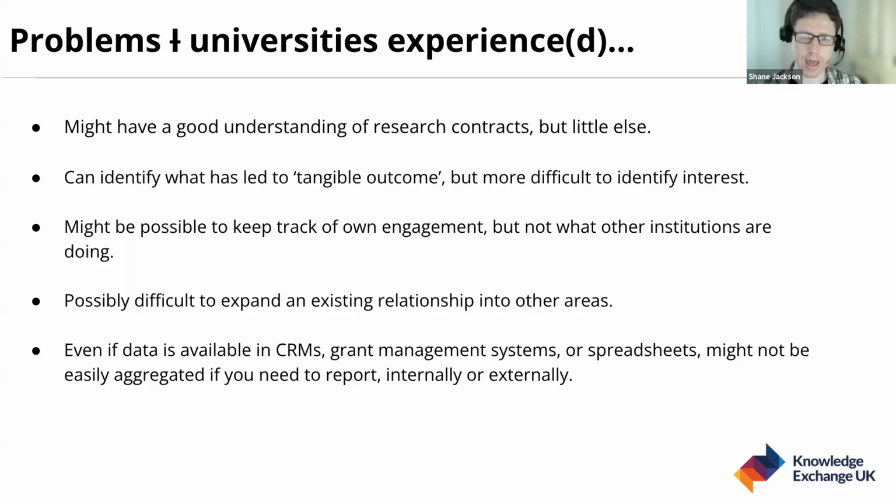Building beyond that, it might also be difficult to expand an existing relationship into other areas. Again, I can think of a particular example where this happened at the university I used to work at, where we established a relationship with a company in one very particular area, but we weren't sure if there were other people at the company who might be interested in working with other researchers at the university.